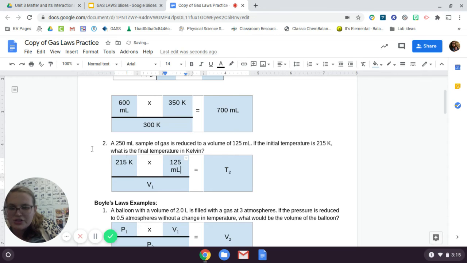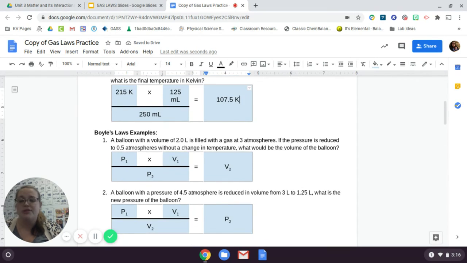And then I have my original volume of 250 milliliters. All right, so I'm going to do 215 times 125 divided by 250. And that's going to give me my T2, which is 107.5 Kelvin, because it's a temperature, so it's going to be Kelvin.